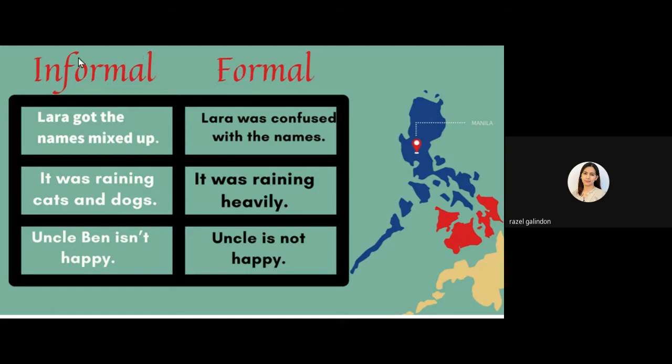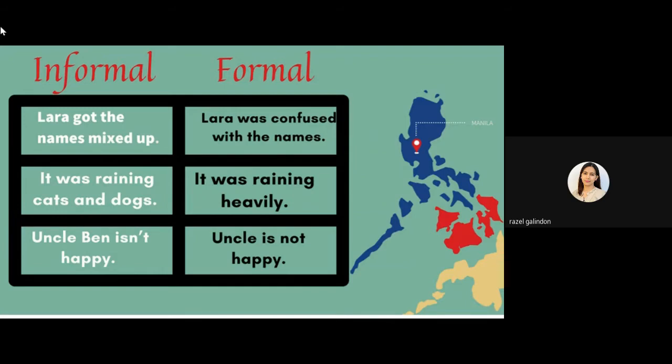Next, it was raining cats and dogs. So usually we can hear this statement when there is heavy rain. Okay, when there's a heavy rain, di ba? Nasasabi yan ng mga tao, oh, it was raining cats and dogs. So we can use that if we are with our family or with our close friends.